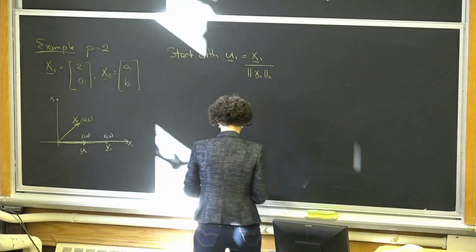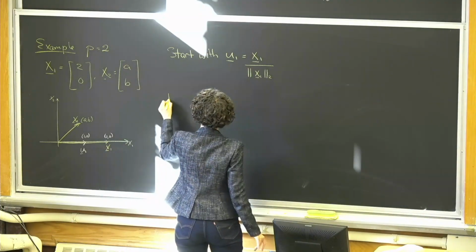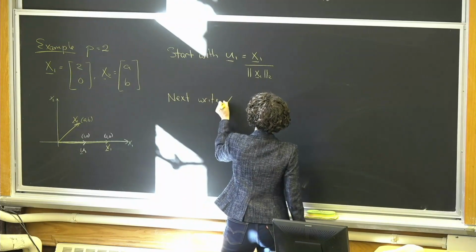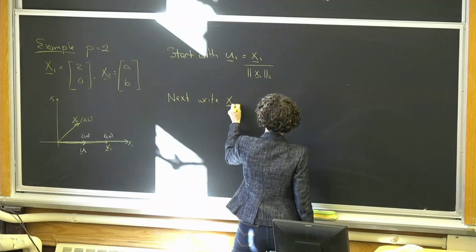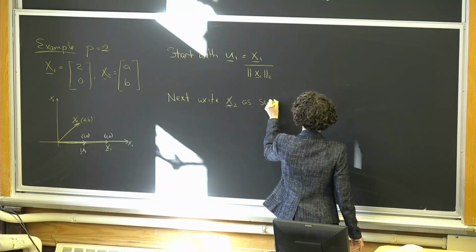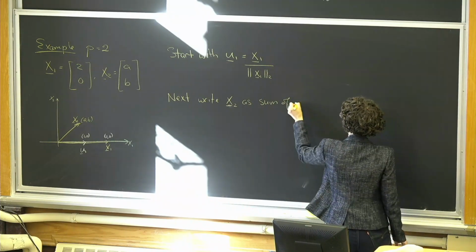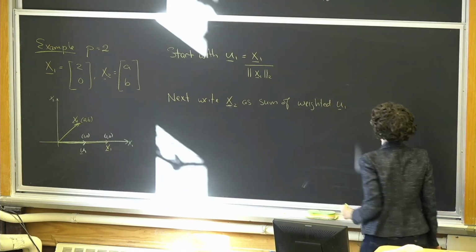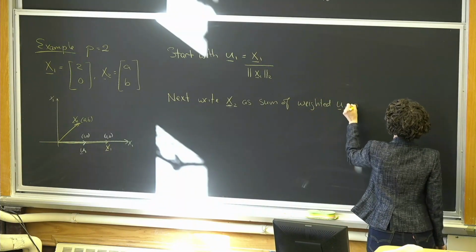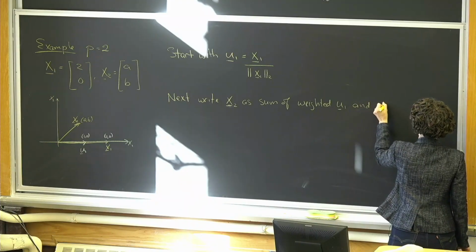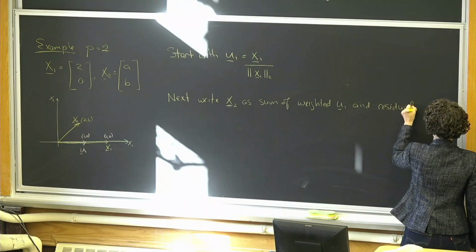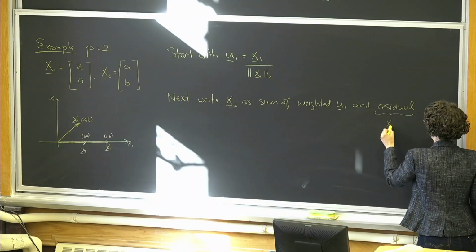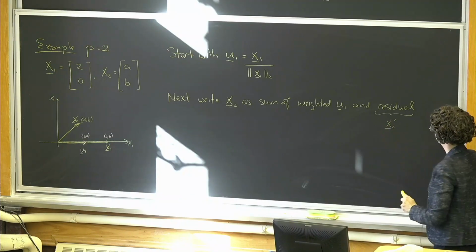The next thing we are going to do is write x2 as the sum of a weighted version of our first basis vector and a residual. And I'm going to call the residual, throughout these lecture notes, x2 prime.